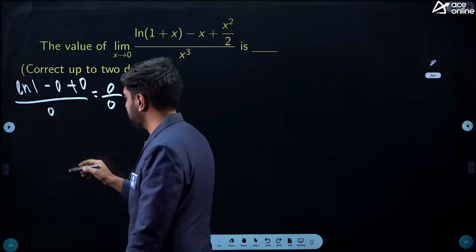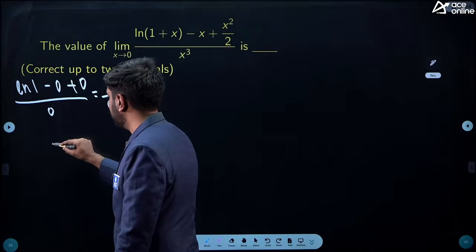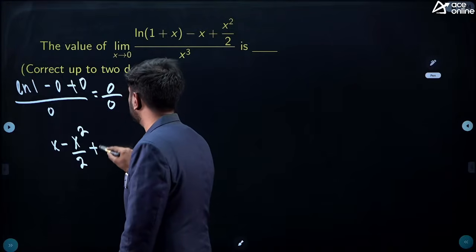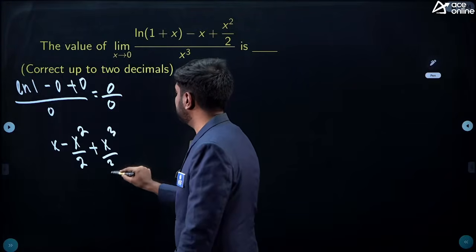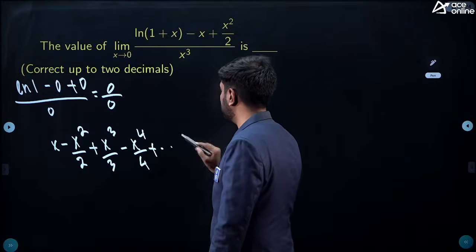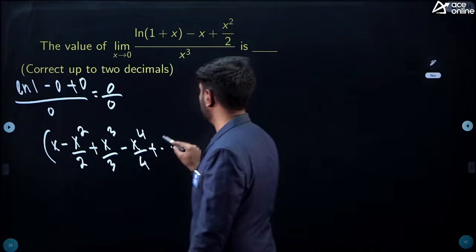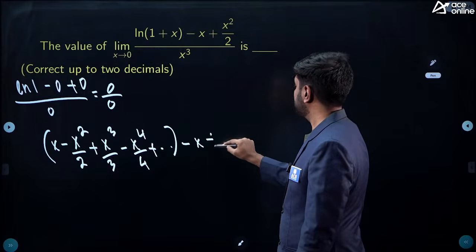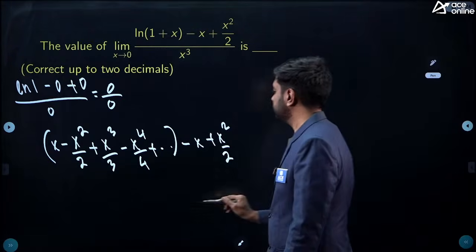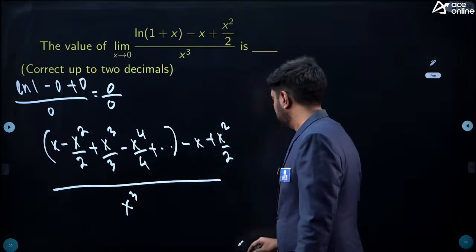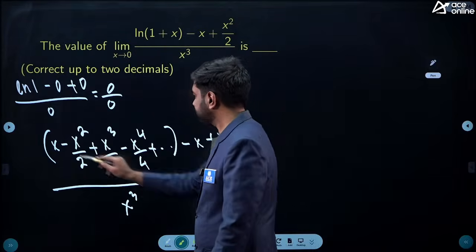Log 1 plus x expansion is x minus x square by 2 plus x cube by 3 minus x power 4 by 4 and so on. This is log 1 plus x minus x plus x square by 2, and then whole divided by x cube. Do you have any terms getting cancelled?